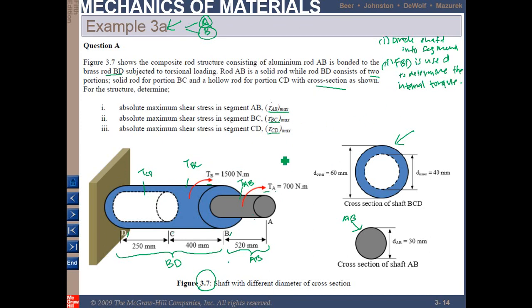So when you determine each internal torque at AB, BC, and CD, you can determine the shear maximum by using the equation: shear maximum is equal to torque times C over J. So let's say if the shear maximum that you want to determine is at rod AB, so shear maximum AB is equal to the internal torque at AB times the value of radius C at AB divided by the J of AB.